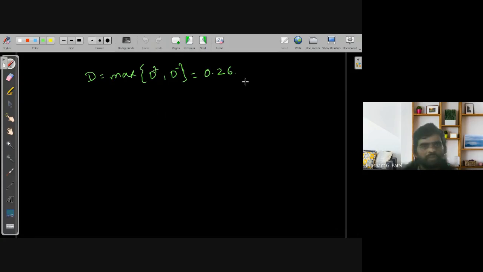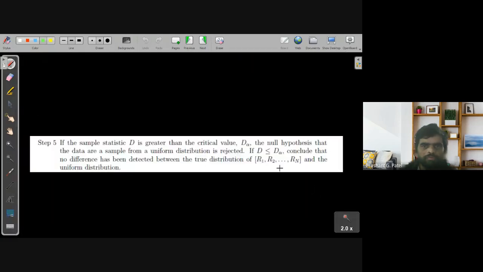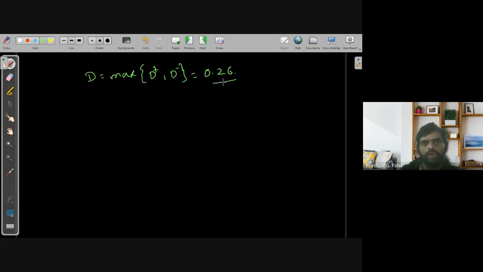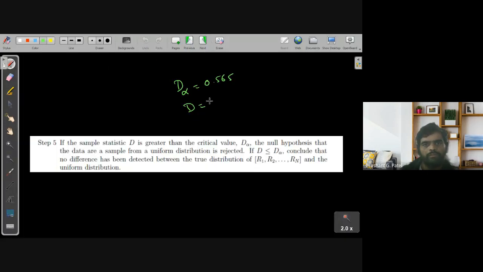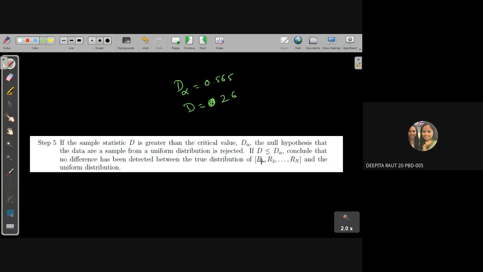According to step number 5, here we have D alpha as 0.565 and the D we calculated is 0.26. H naught will be accepted.